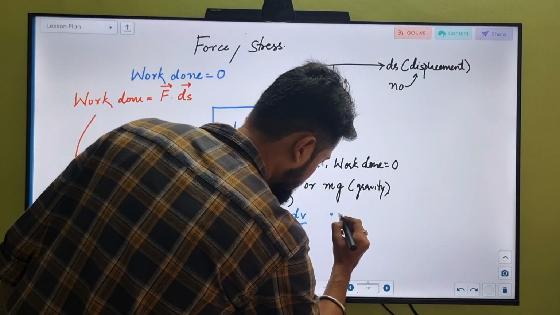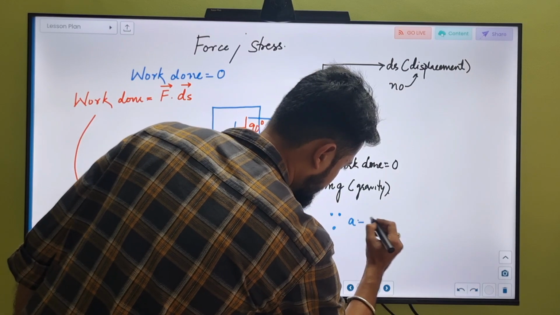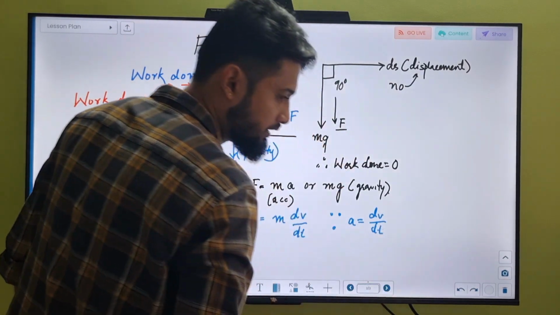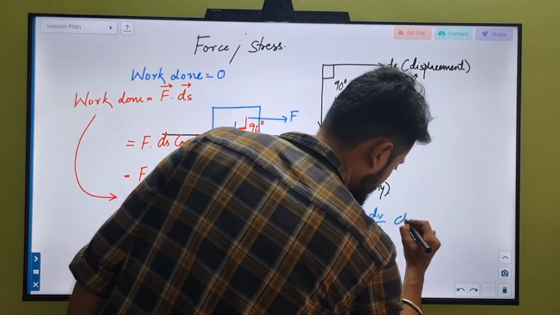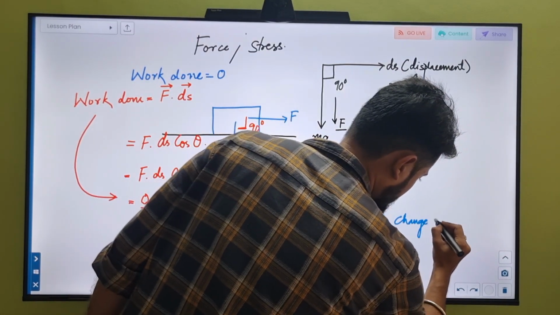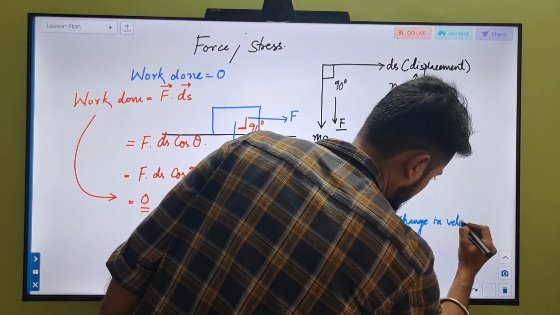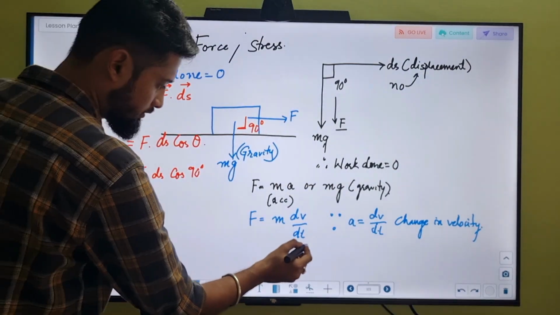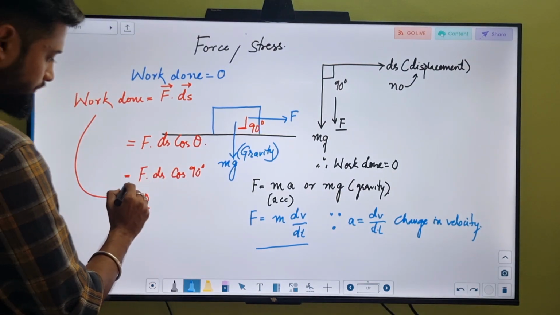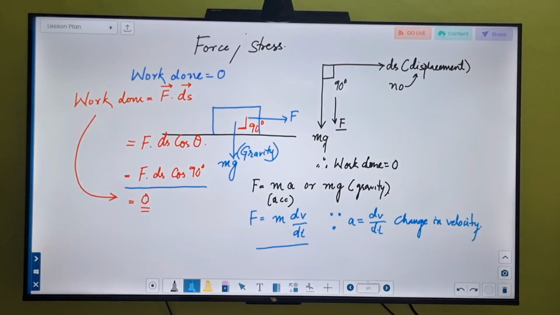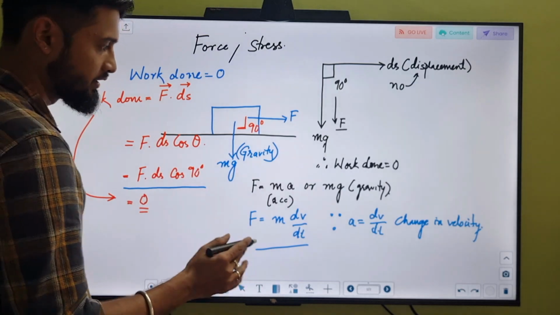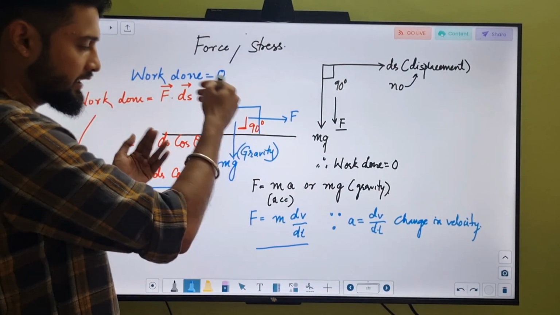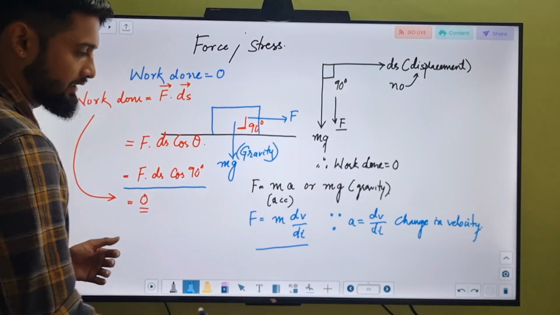Yes, because we know that acceleration is equal to dv upon dt. Okay, that is change in velocity. Okay, so I hope this is clear. Force, yes, how the work is done, how the forces are acting, and how the gravitational force is acting upon it.